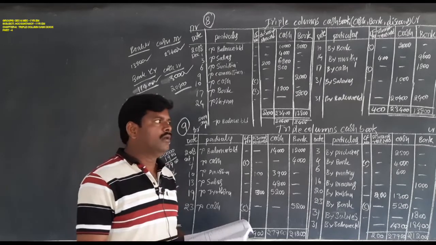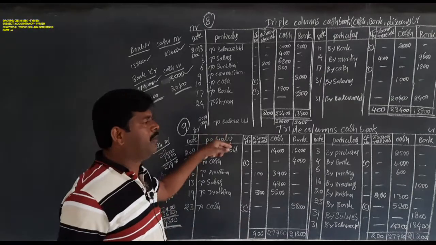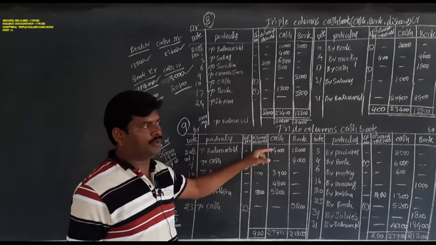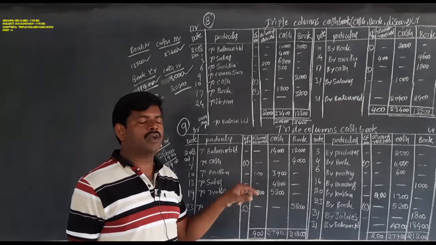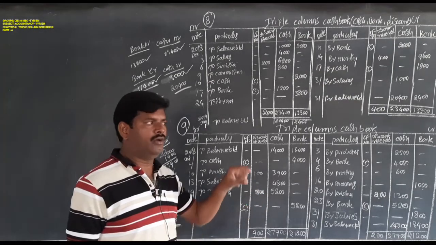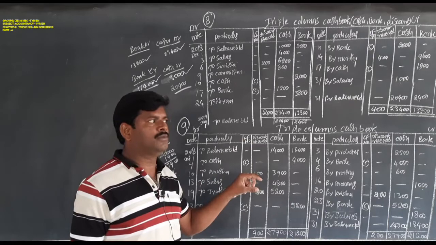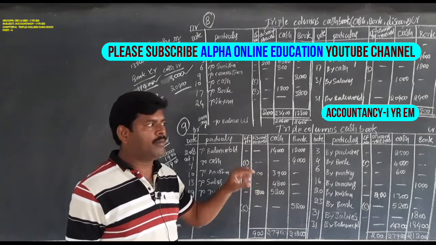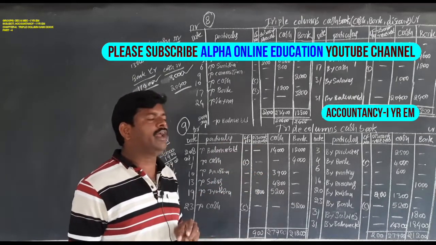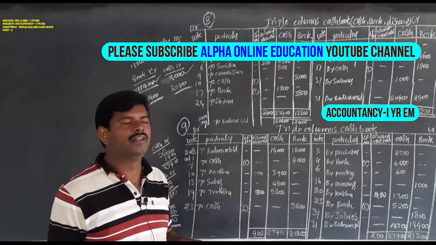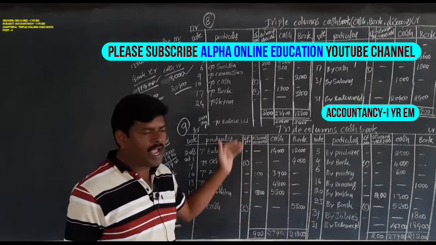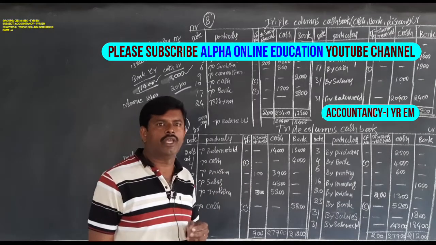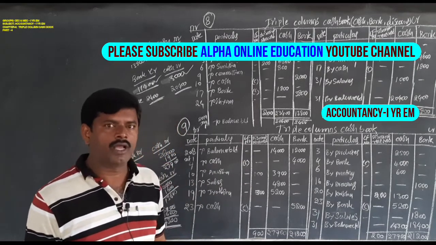Then only we can solve any triple column cash book problem easily. And you must also specify the contra entries before solving the problems, and tick-mark the contra entry transactions. Then there is no confusion in recording the contra entry in the triple column cash book. Okay, this is about the triple column cash book.